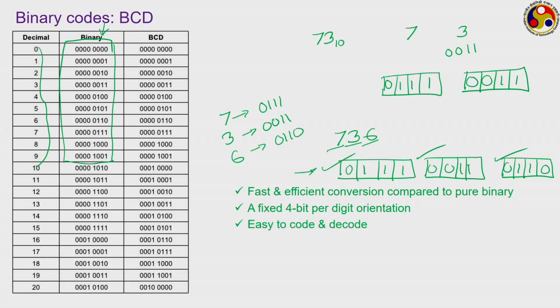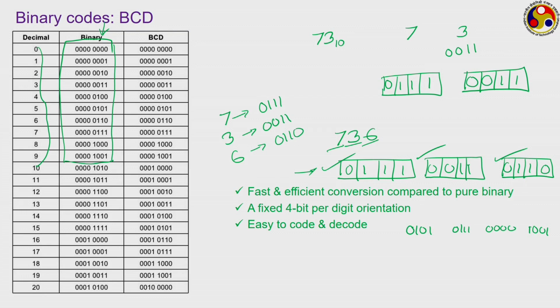Similarly, when we are given a set of BCDs, suppose it is mentioned that your BCD code is 0101, 0111, 0000 and 1001, then we know that we have 4 registers each comprising 4 bits, and therefore the decimal number that we are talking about has 4 digits in it.